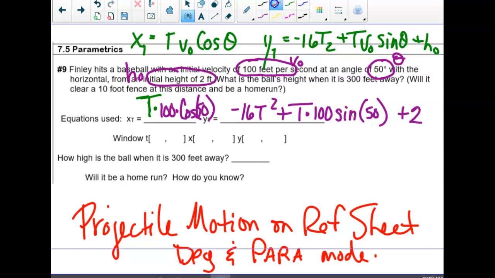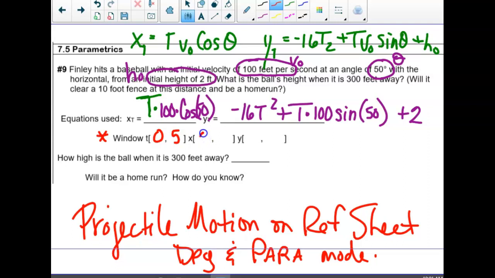Okay, before we even start, help me think about the window. What makes sense for values of t for this question? T is time, so do we need negative numbers? Nope. And how long do you think it's going to take a baseball to come down? 5 seconds? Yeah, it's probably less, but that sounds good to me. X is distance away.